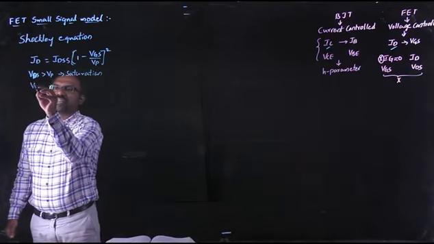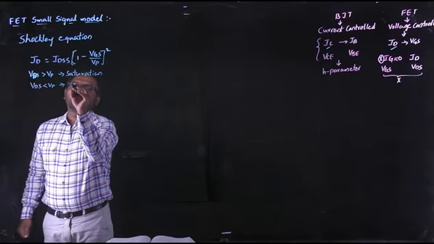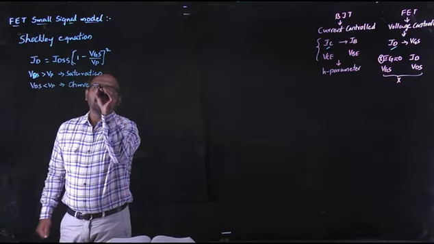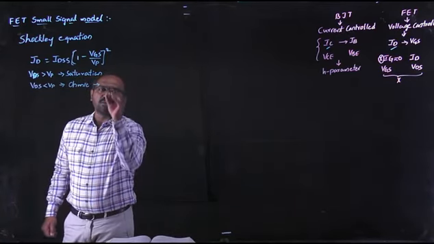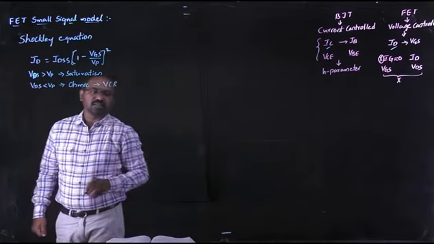If VDS is less than VP, the FET will be in the ohmic region. In the ohmic region, the FET is going to work like a VCR, voltage controlled resistor.